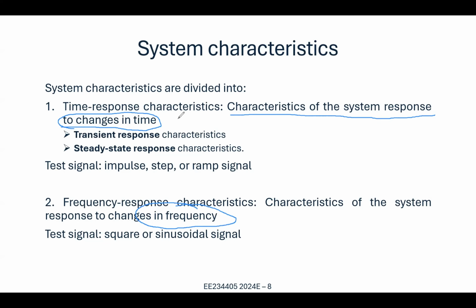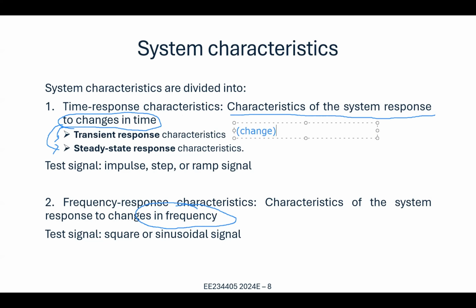And in time response characteristics, we have two responses. The first one is called the transient response, and the second one is the steady state response. So transient here means something that changes.